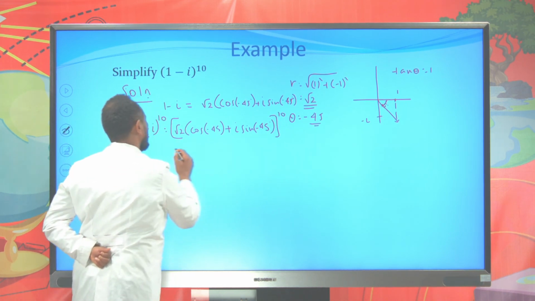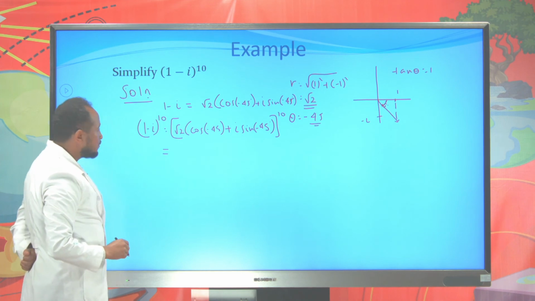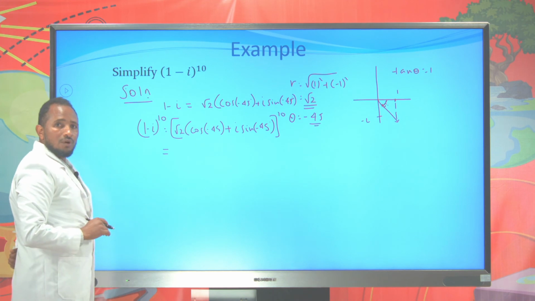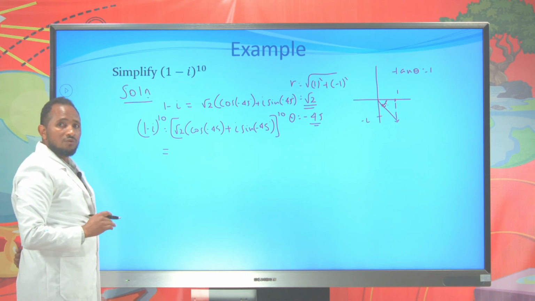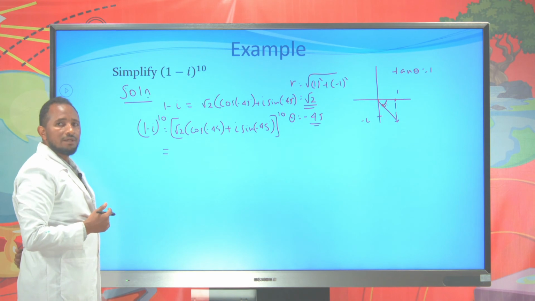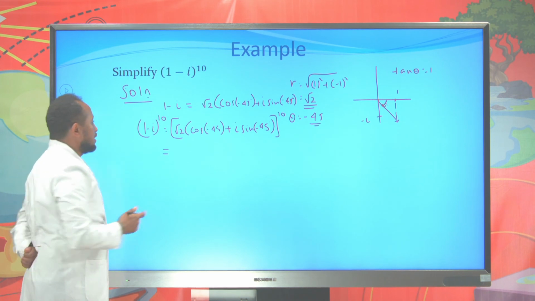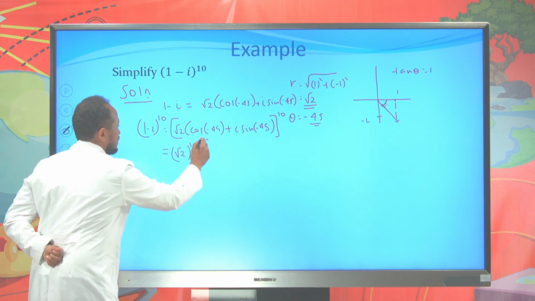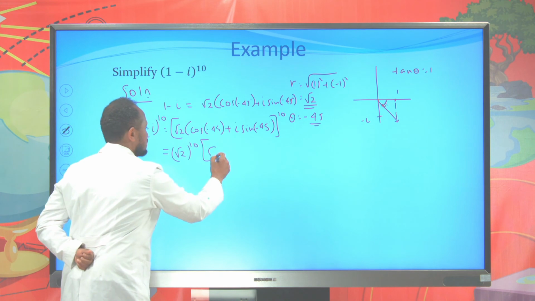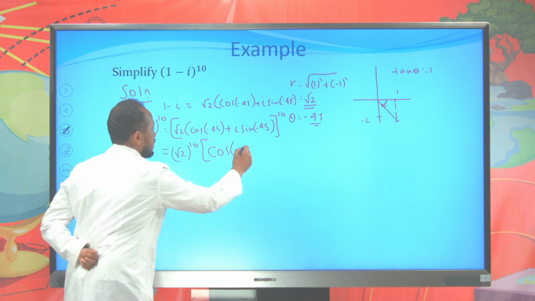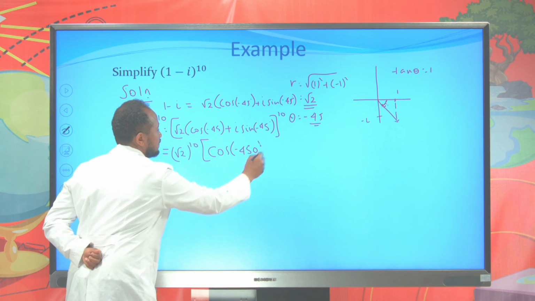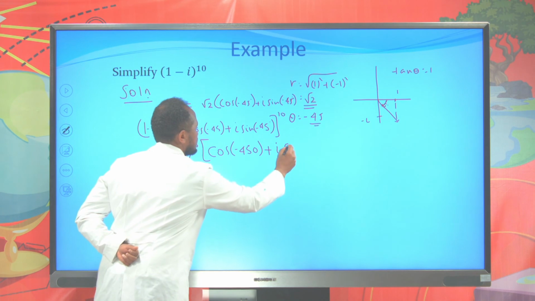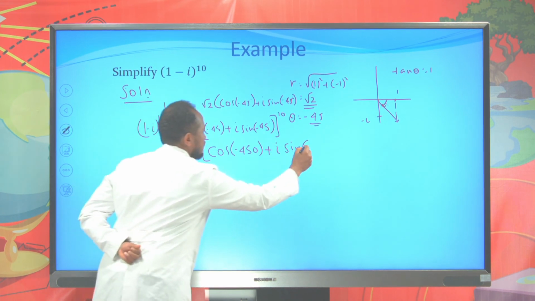As in the formula we put earlier, for z to the power of n, the modulus is taken to the power and the argument is multiplied by the power. So this will be root 2 to the power of 10 times cosine of negative 450, that is n theta, plus i sine of negative 450.